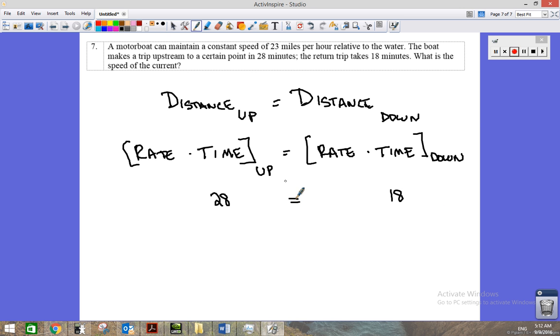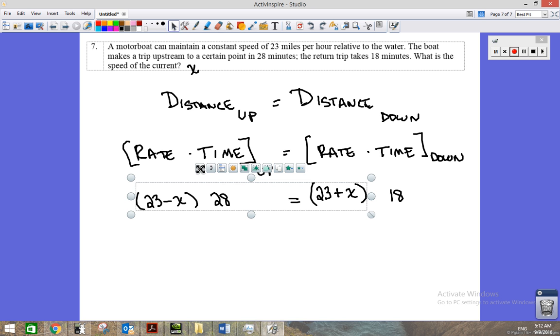Now we know that in calm water, let's see, what is it asking us? It's asking for the speed of the current, so let's let that be x. So we said that going downstream, the current is helping you move faster, so 23 plus x. When you're going upstream, it's making you go slower, 23 minus x, where x is the speed of the current.